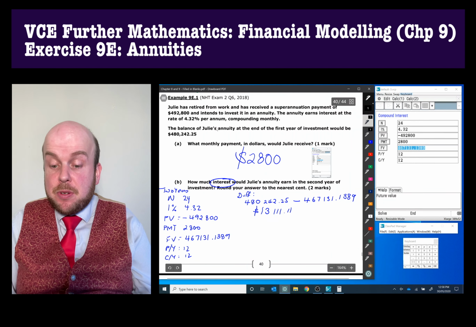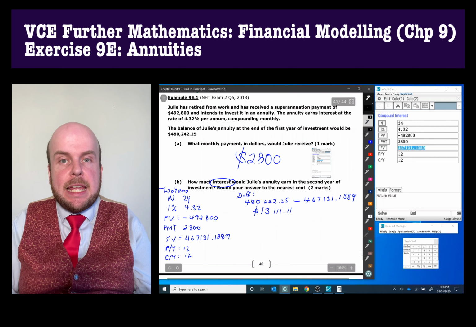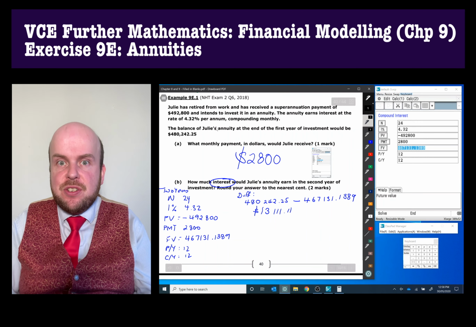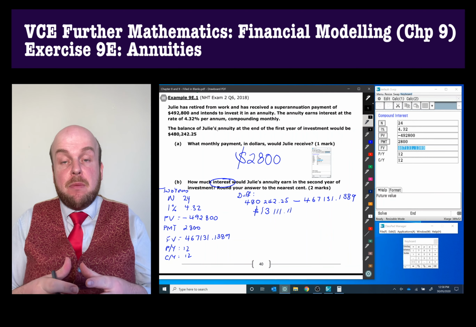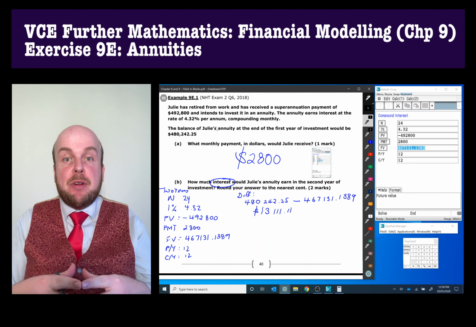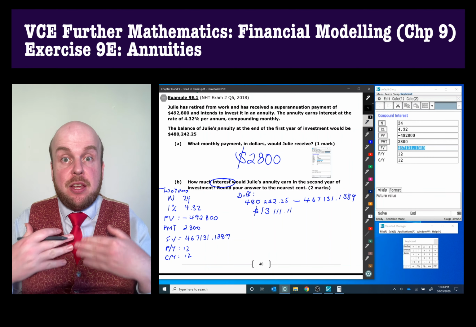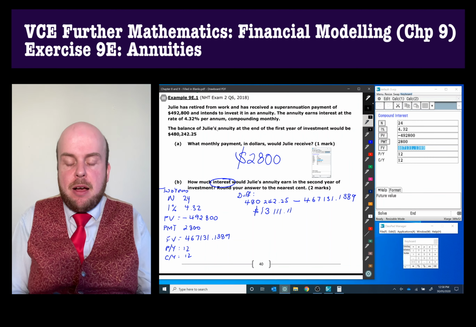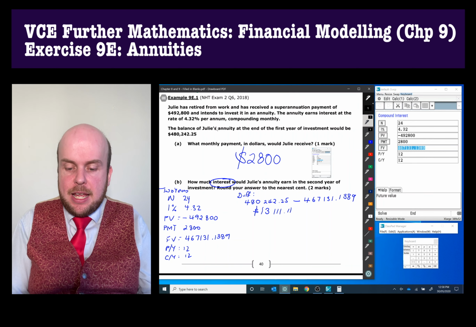So that's how much has been taken out of the account in the second year. Now we just need to find the difference between that and how much money she got back, so how much money she earned in that year.